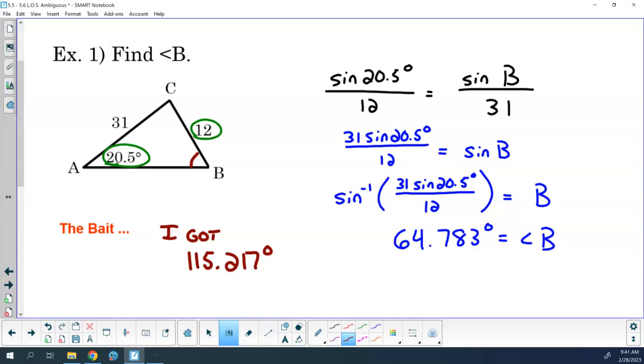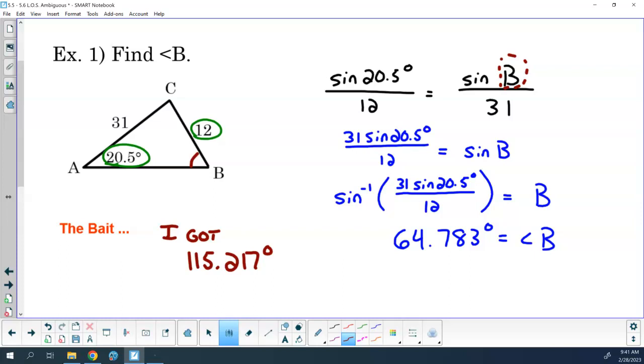How did I get that? Did I do it wrong? Wow! Check mine. Put my angle up in here for B. So go 31 times the sine of 20.5, divided by 12, divided by the sine of 115.217, and you should get something very close to 1.